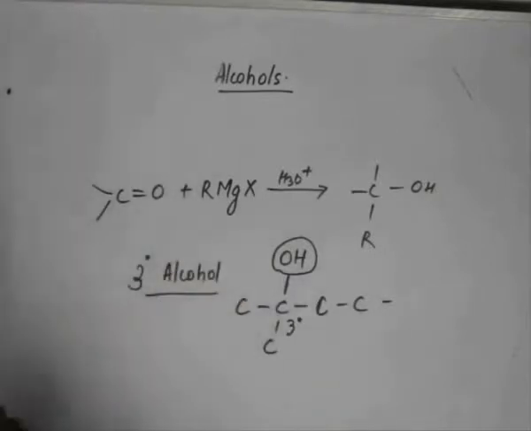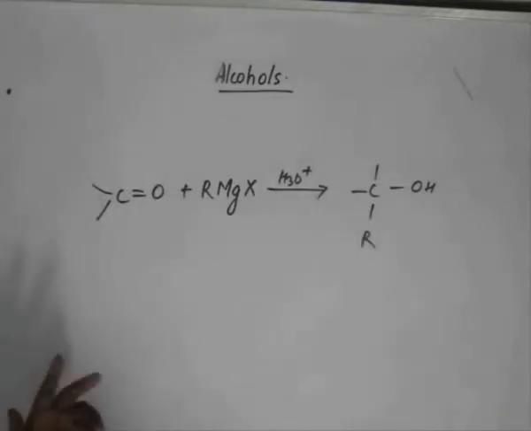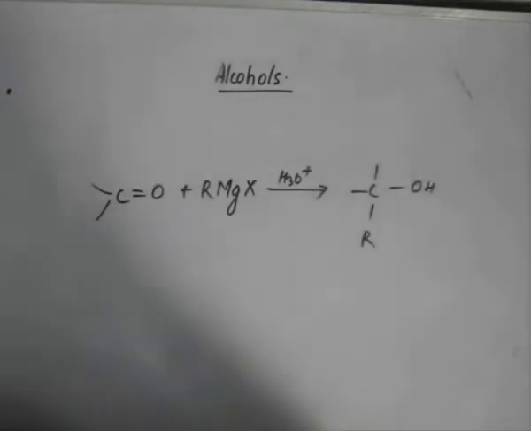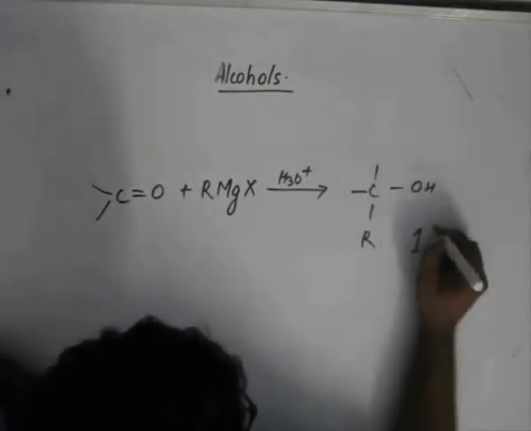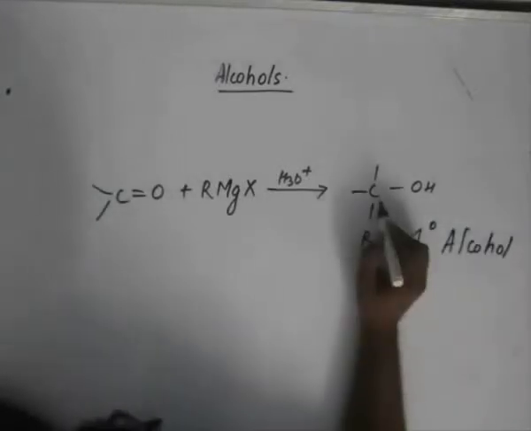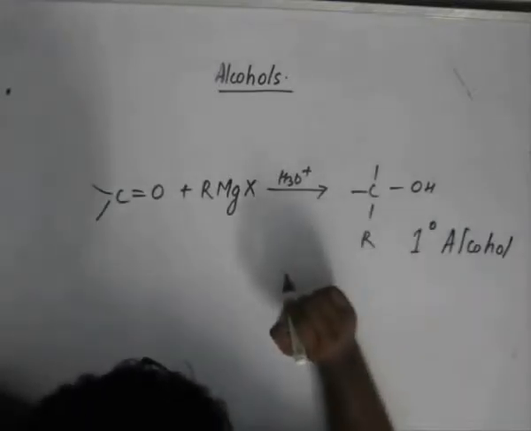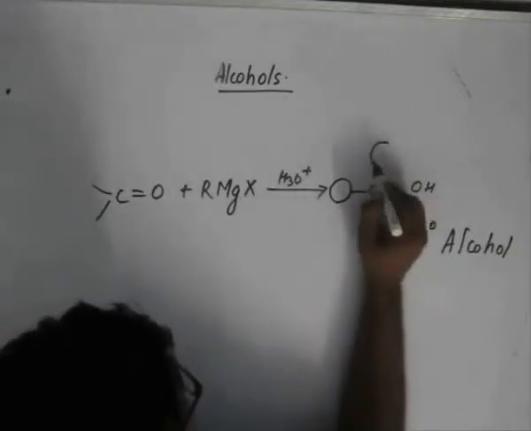Okay, so now that we have an idea what 1 degree, 2 degree and 3 degree alcohols are, sorry, we want a 1 degree. If we want a 1 degree alcohol over here, to make this carbon 1 degree, what two things are going to be attached over here?